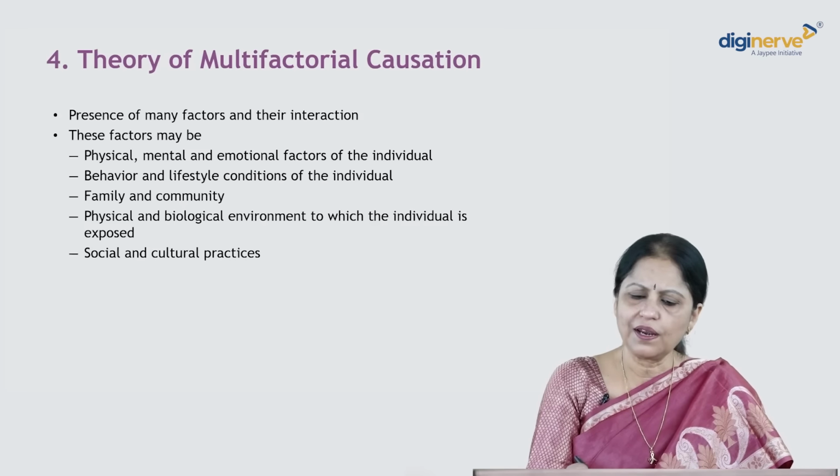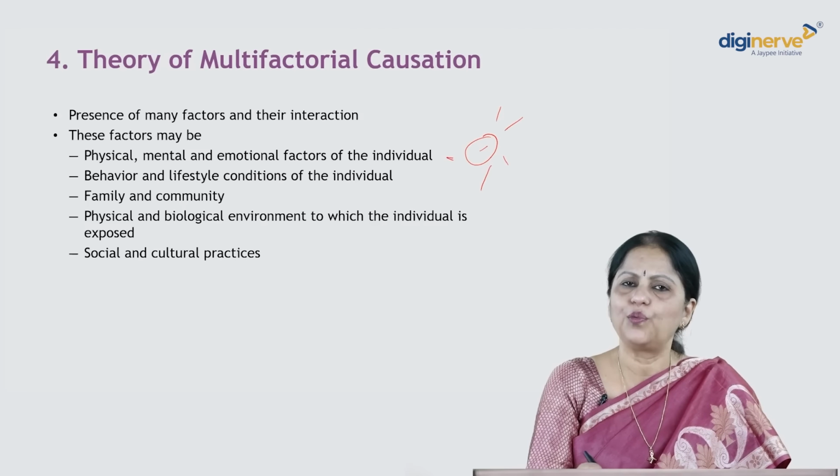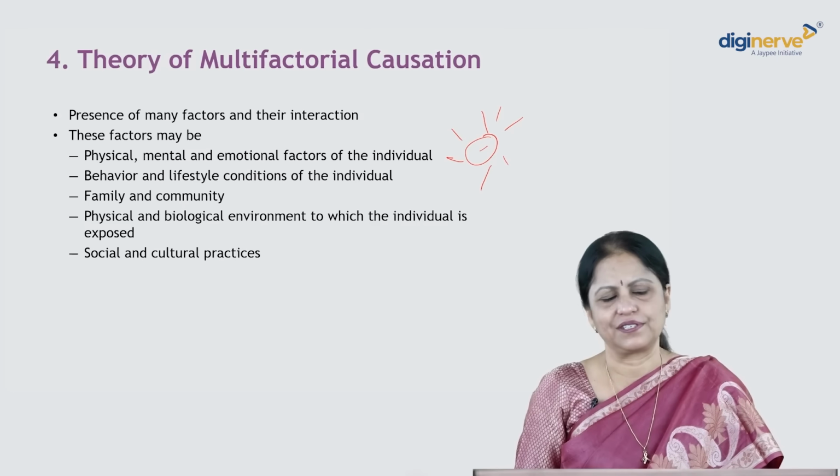Then came the theory of multifactorial causation, because it was realized that not only the agent, host and environment, but many factors, not only one bacteria as the agent, multiple factors together influence the causation of disease.